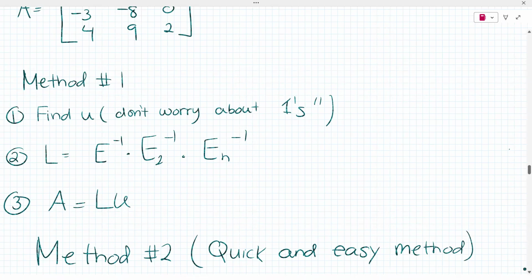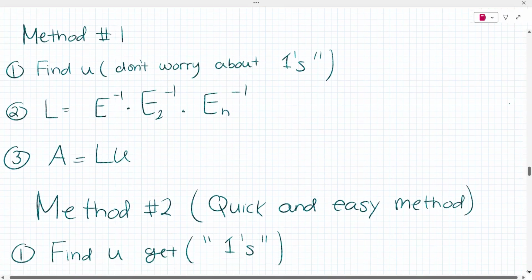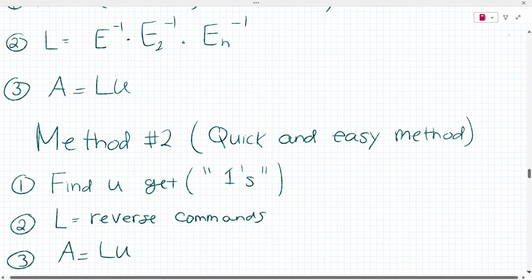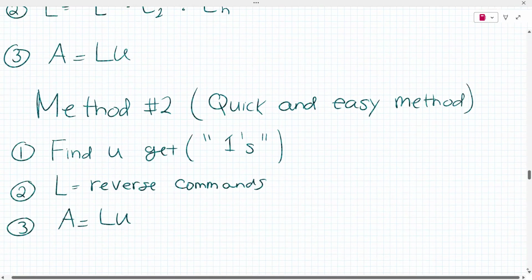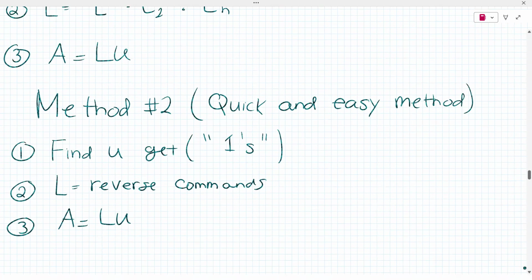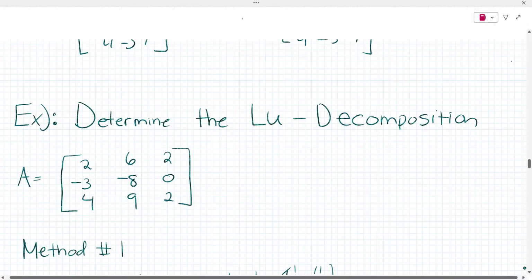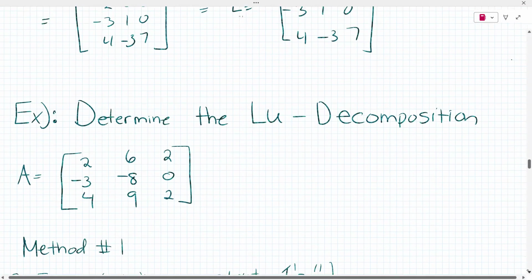And then you check it by doing A equals LU. Method two is probably the quicker and easier method. First you find U, get the diagonals ones, and then step two is you take the reverse commands, what we just did, and then A equals LU. So let's start with method one.